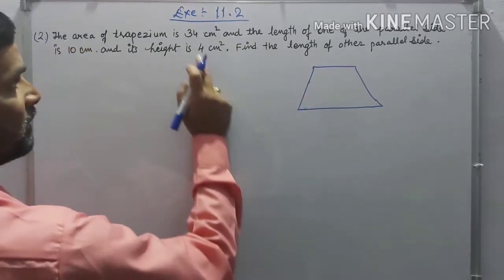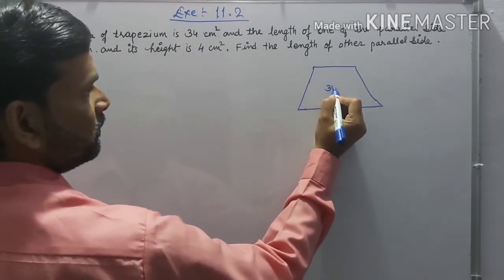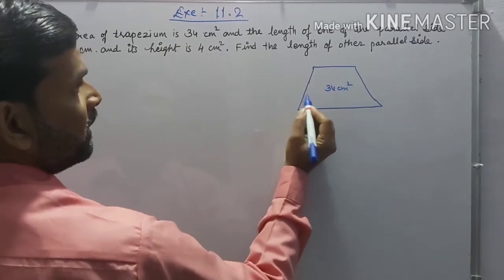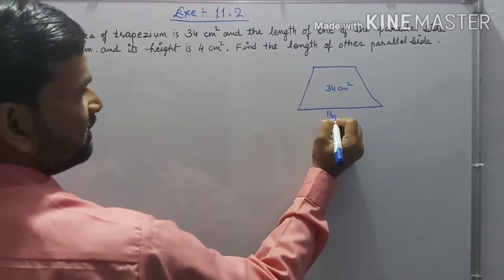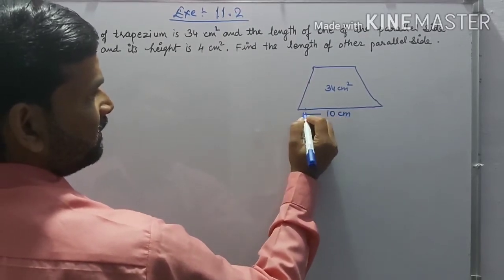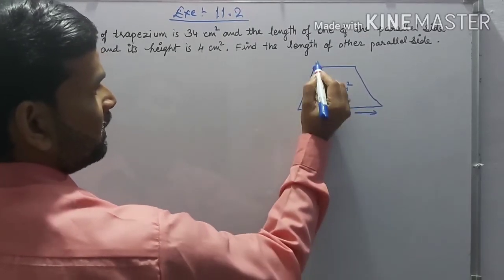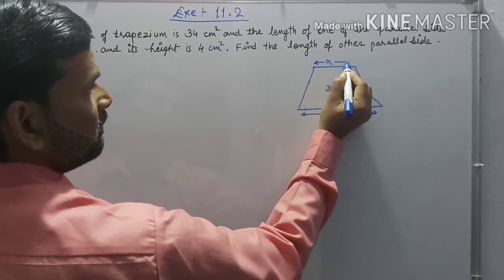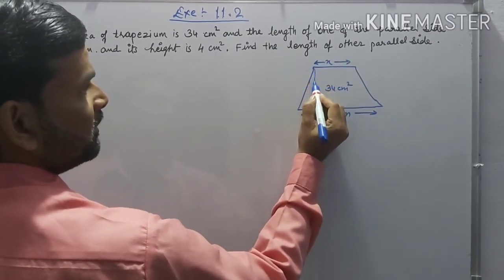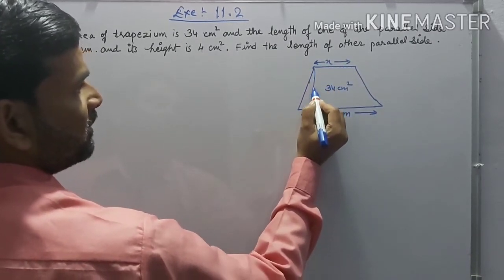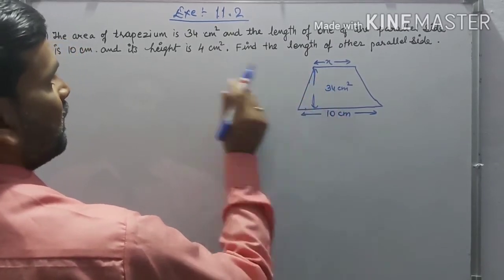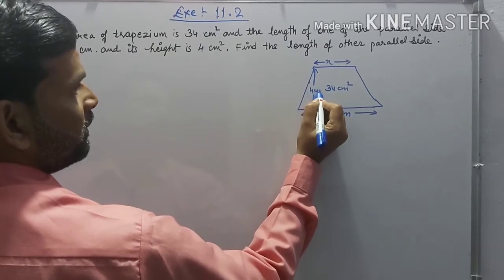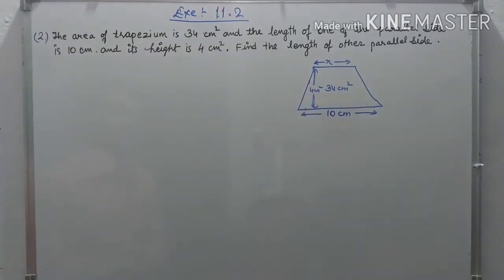Suppose one side is 10 centimeter, and the other length is x, and the height between the two parallel sides is given 4 centimeter.